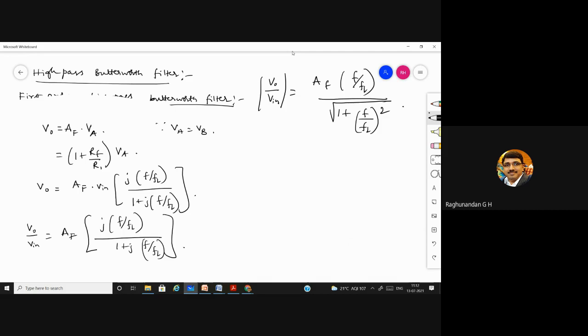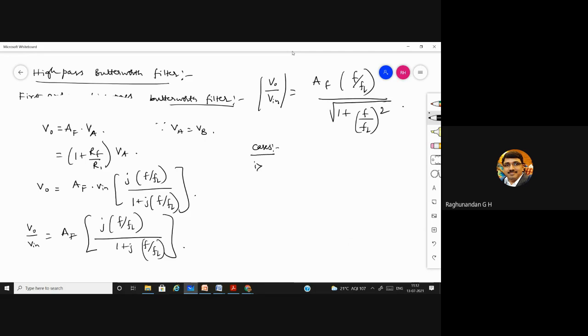So this is the equation for the first order high pass Butterworth filter. Now there are different cases, so we'll take those different cases.